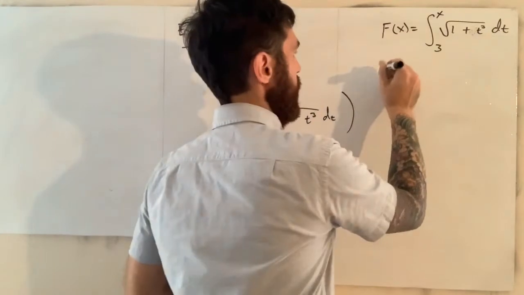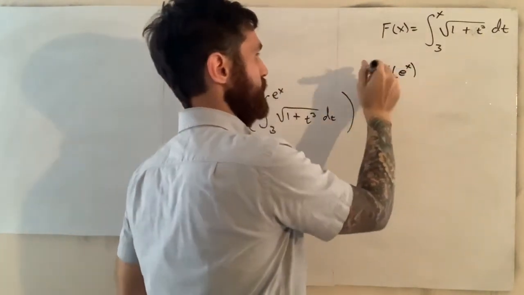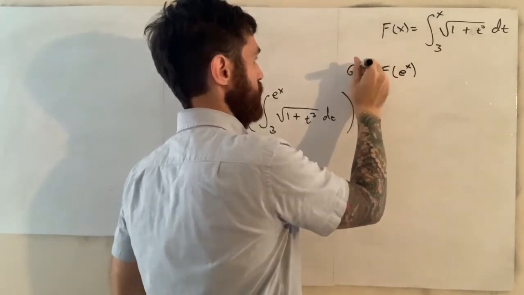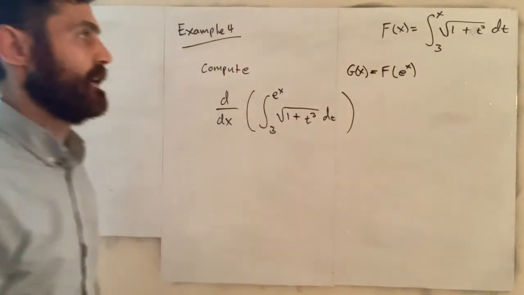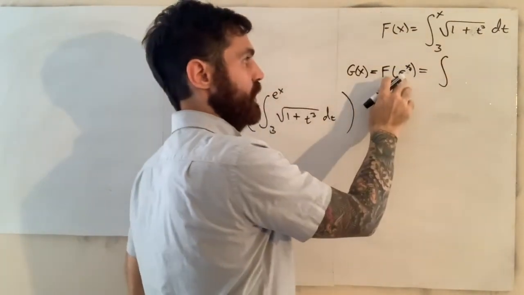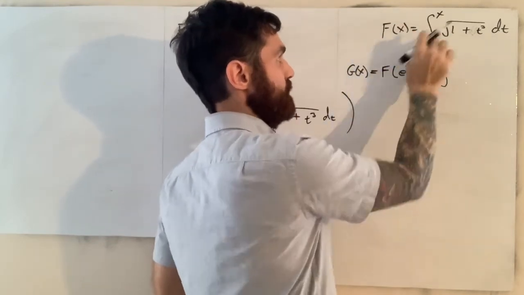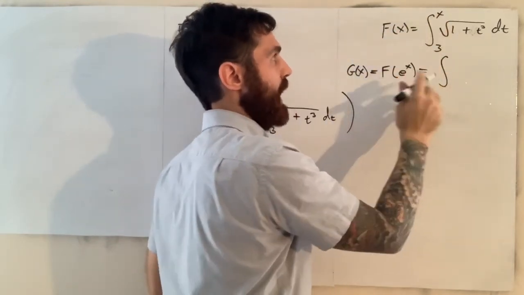Now, if I compose this function with e to the x, and I call this some function g of x, then what we end up getting is you replace any of the values of x in f with e to the x.